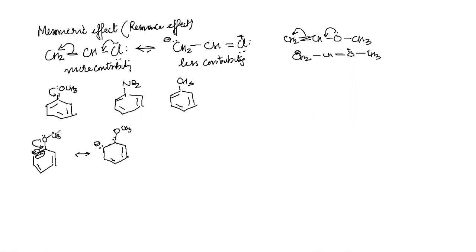And see here, out of these 2 electrons, only one is remaining on the oxygen. Therefore, the oxygen gets a positive charge. So now let me remove these 2 electrons and show a bond only. This is nothing but a bond.